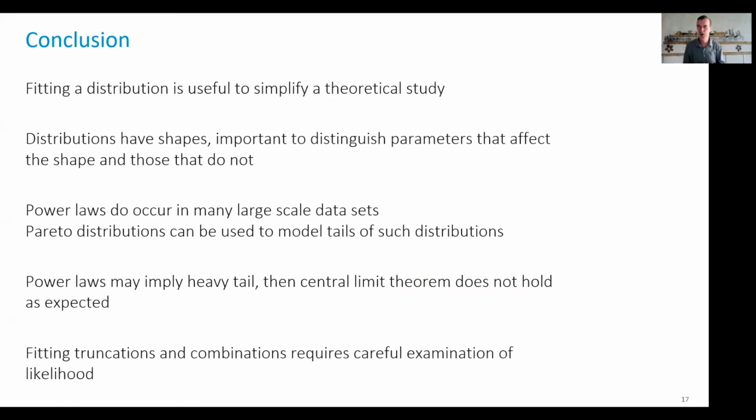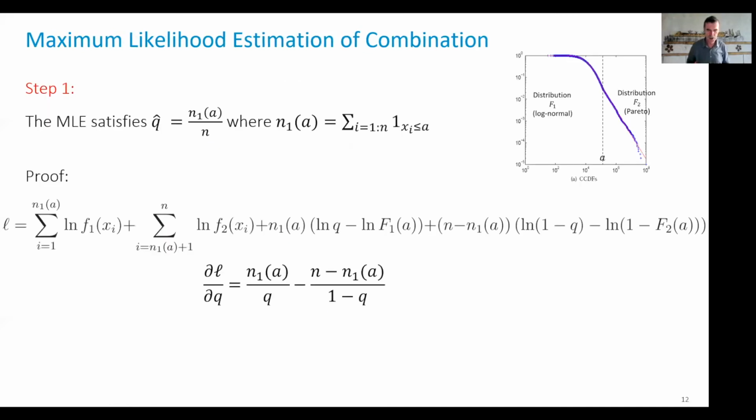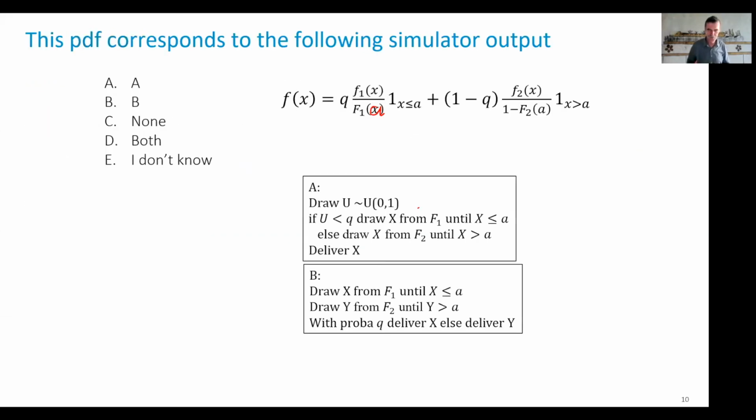I see there is a question on the chat. What is the role of Q? I guess this is a question on this model here. So here we model a distribution as a combination of two distributions, and such a combination, in order to be a PDF, must be weighted by weights that sum to 1. So that's mathematically necessary.